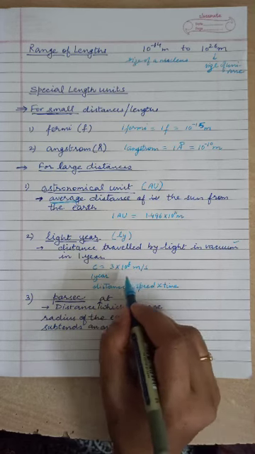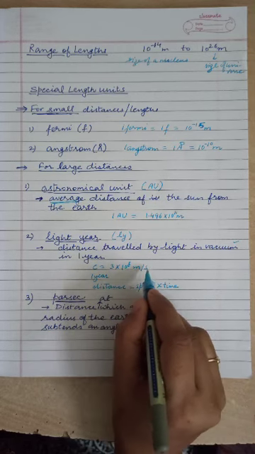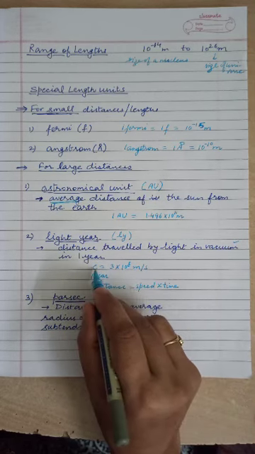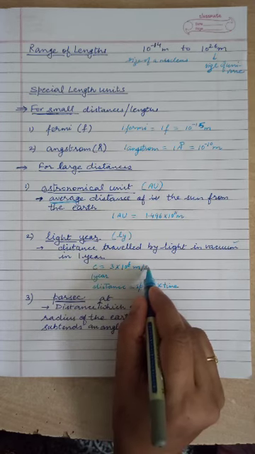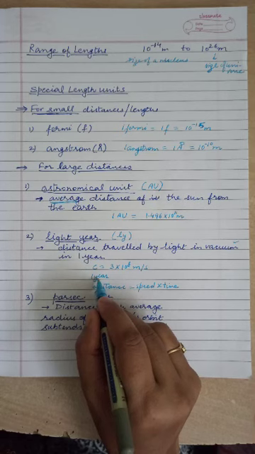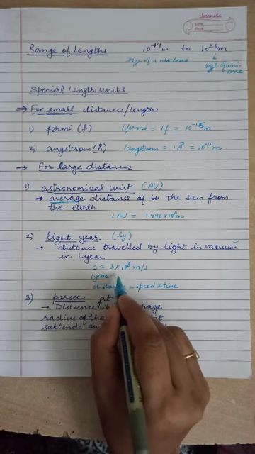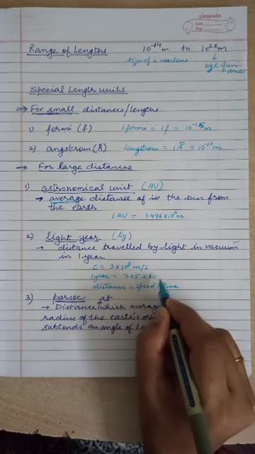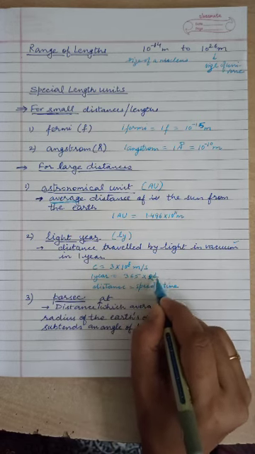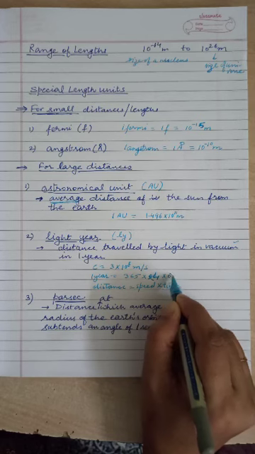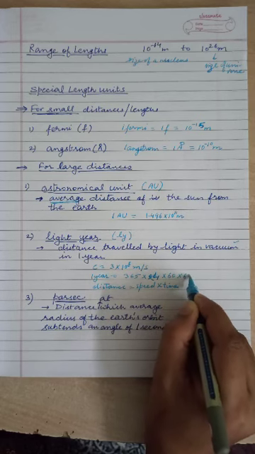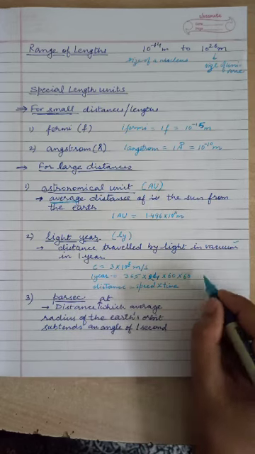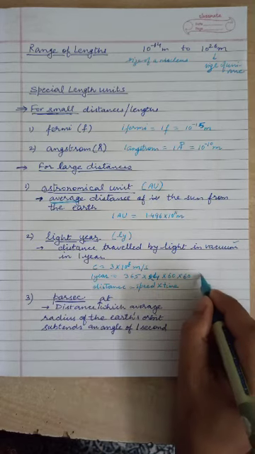Now 1 year has to be firstly changed into seconds, because in the expression for speed, the unit used for time is seconds, so this also has to be in seconds. So 1 year has 365 days, each day has 24 hours, each hour has 60 minutes, and each minute has 60 seconds. So if you multiply this, you get the value of 1 year in seconds.